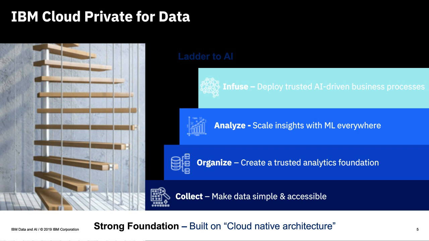You can collect data, making it very simple to access remote data, to view that. You can organize it in various data stores. You can perform analytics on that data, both historic data and now with Streams on ICP for Data, you can also do that with real-time data. And then finally, with those streaming applications, you can infuse artificial intelligence into those applications to act in the moment.